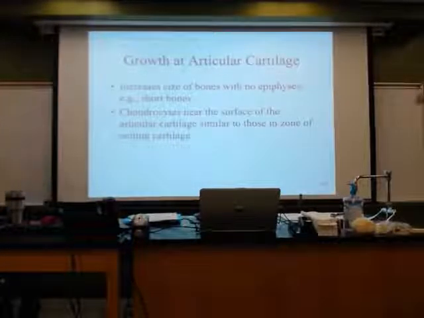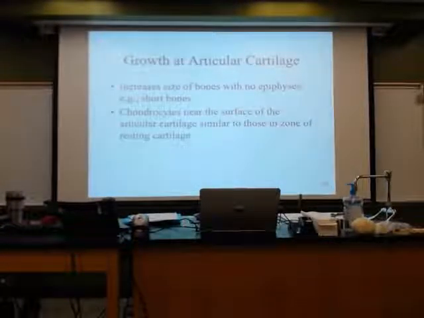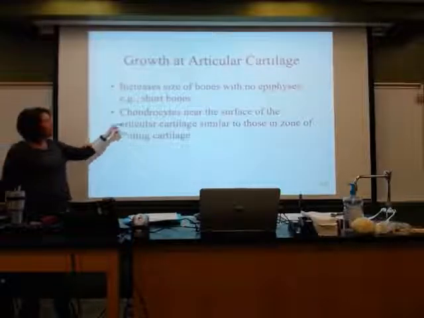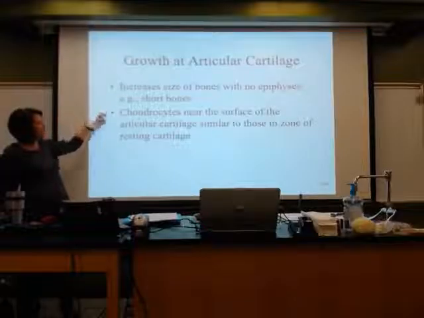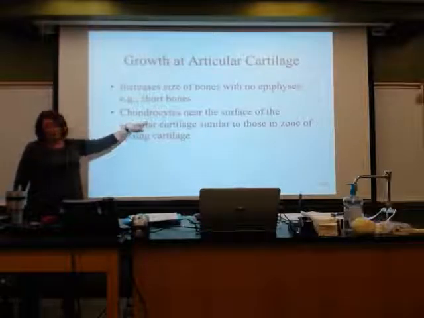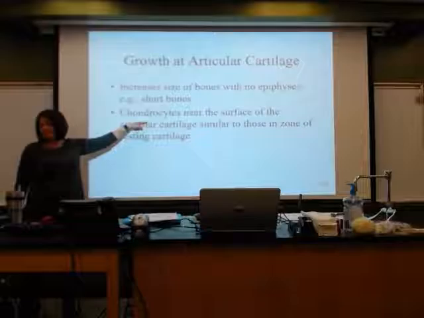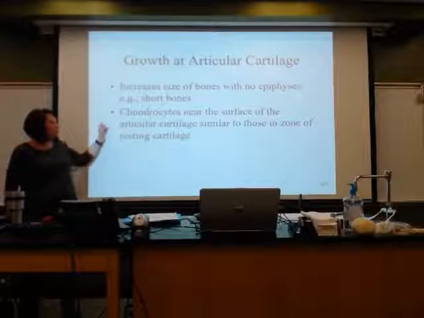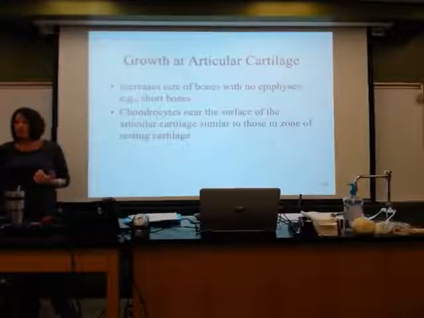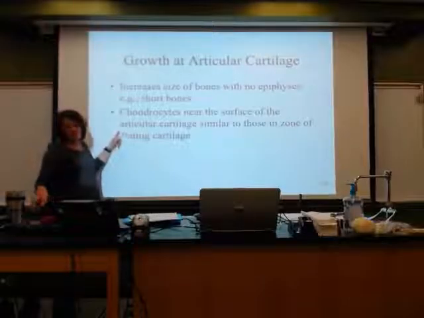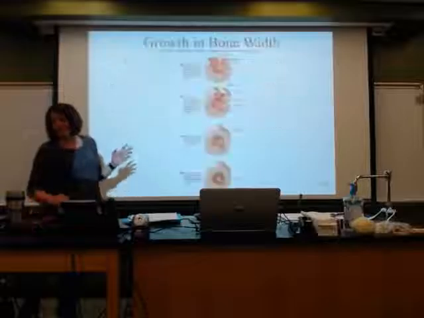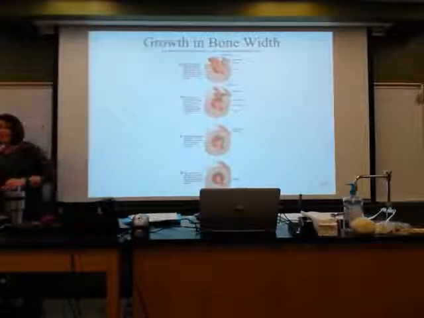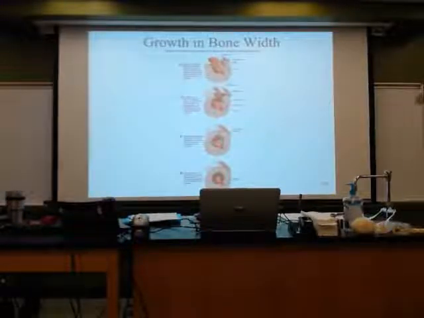Now, to increase in the size, once again, we're going to have cartilage that's going to be present. We're going to involve our chondrocytes, because the chondrocytes, they're going to help with our cartilage. Now, the articular cartilage, that's just going to get formed, and that's going to stay on the ends of those articulating bones.